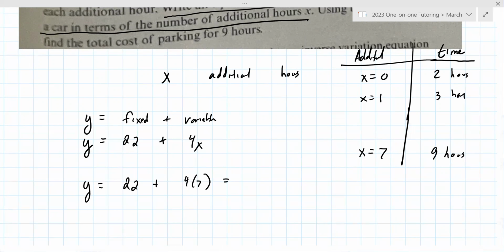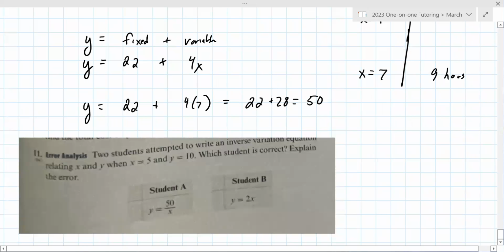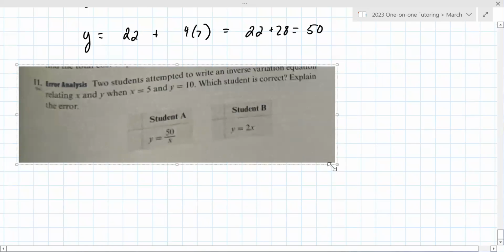So 43? Try again. 4 times 7 is 28. So it's 22 plus 28, which is 50. I thought 21 for some reason.